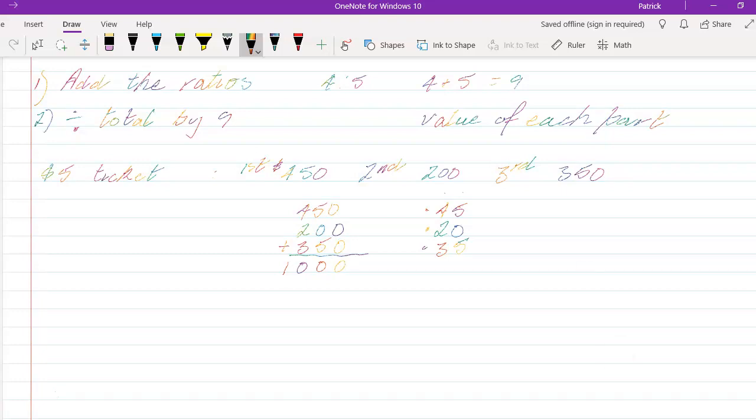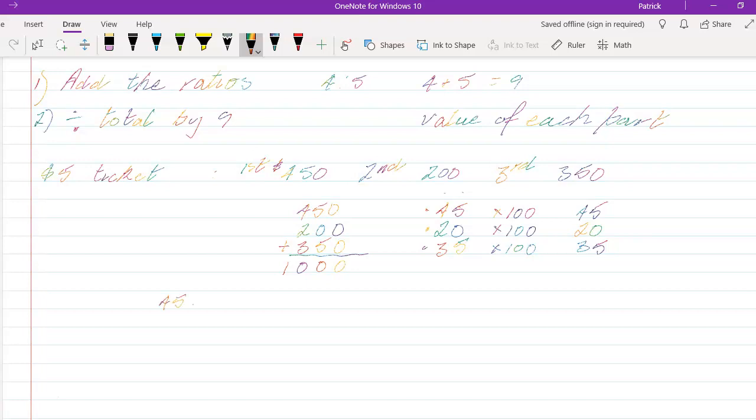Because this has two decimal places, I multiply each by 100. So I've now got a whole number ratio of 45, 20, and 35.